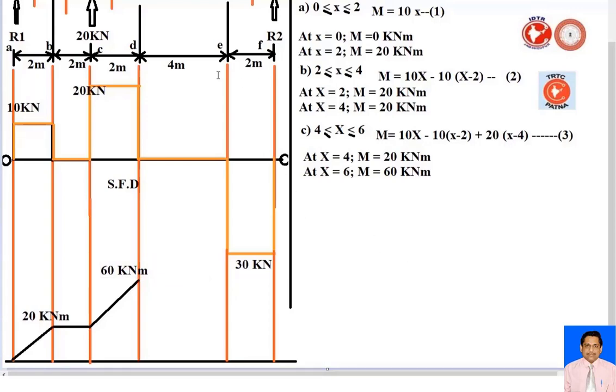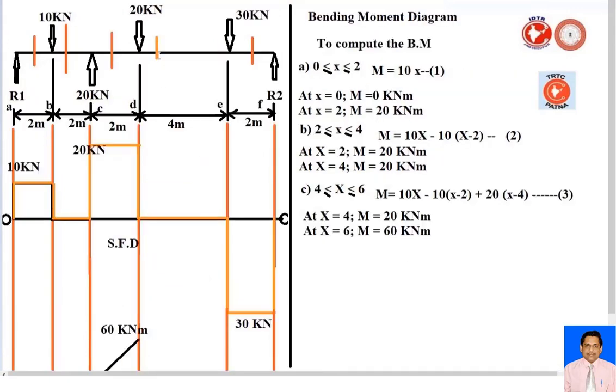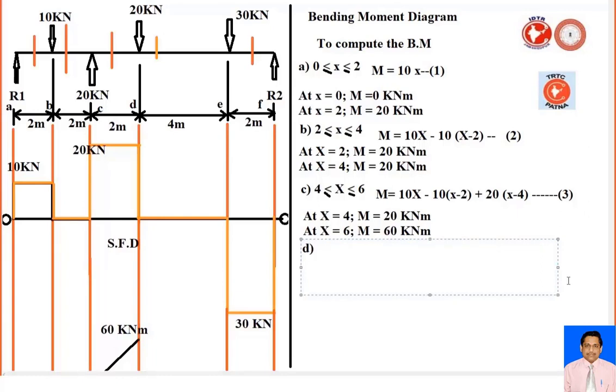Then come to compute the bending moment at these locations. First section, second section, third section, C, and the fourth section from here. So go to D. This total distance is 10. 6 less than or equal to x less than or equal to 10.